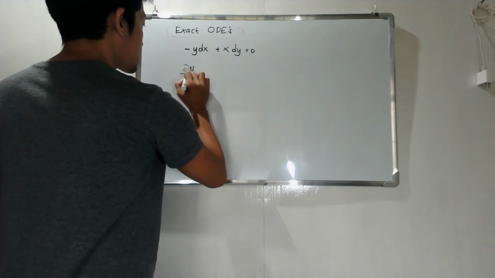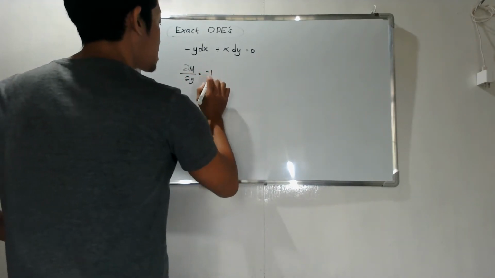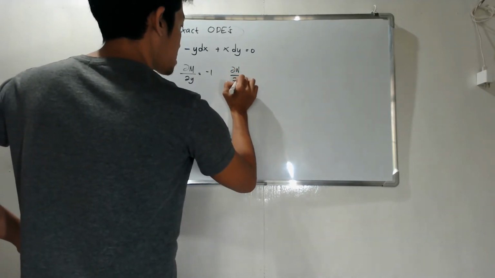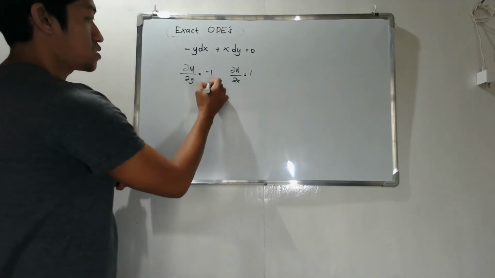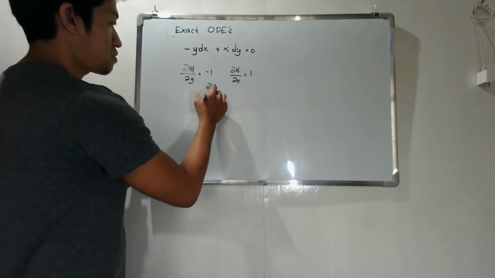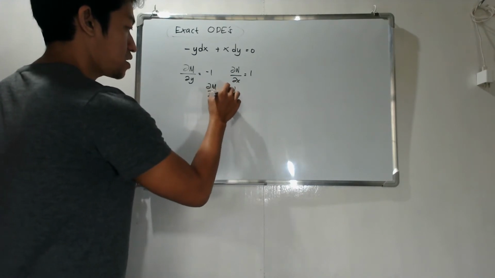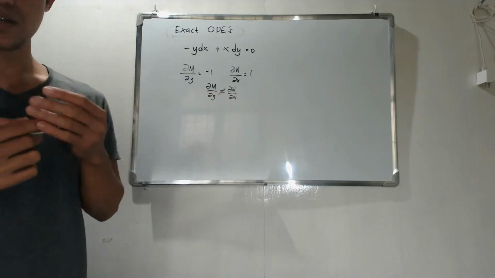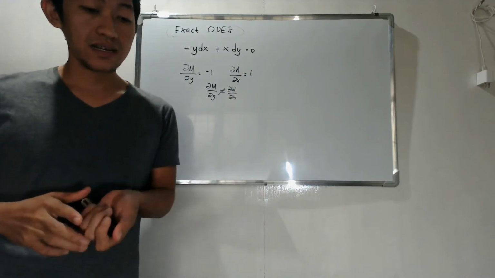Partial of m with respect to y is equal to negative 1. Partial of n with respect to x is 1. Okay, so partial of m with respect to y is not equal to partial of n with respect to x. So this is an example of a non-exact ordinary differential equation.